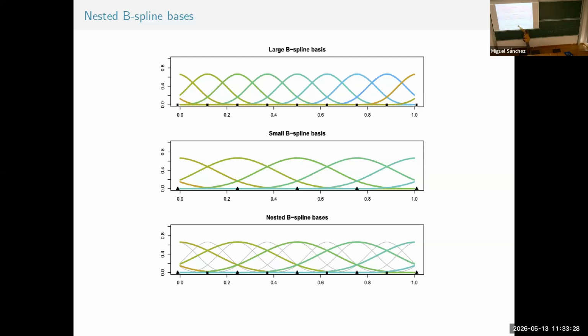This is the small one. How about the middle one? The middle one, the last one, the middle one. Oh, because here at the knots they are the same. This one is the same as this one. I'm not sure if I understand your question.